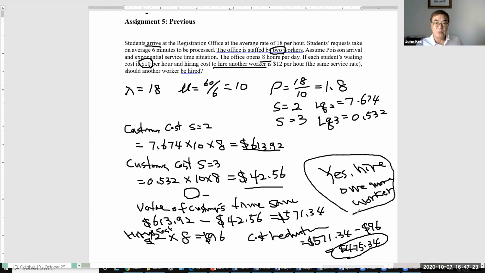This is the decision. If the result is negative, then the answer will be no, don't hire, because there is no cost reduction.